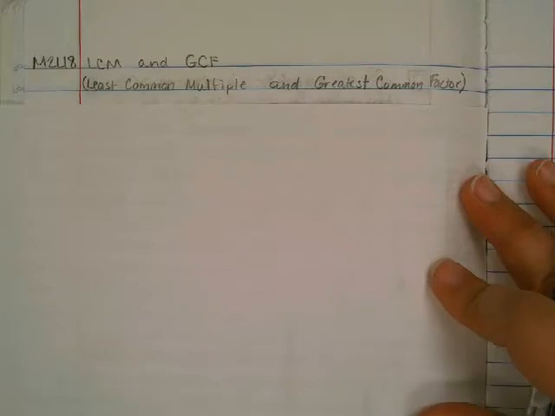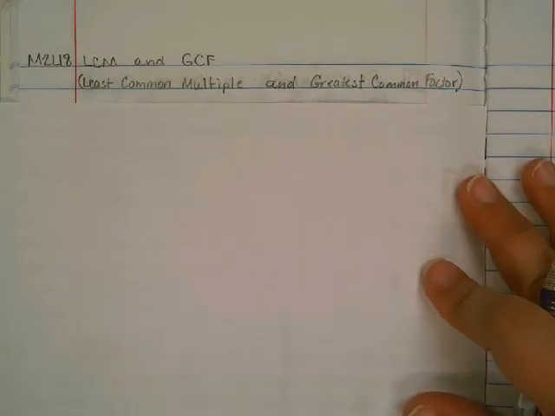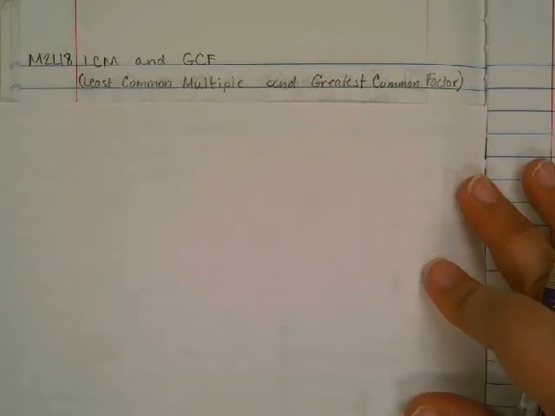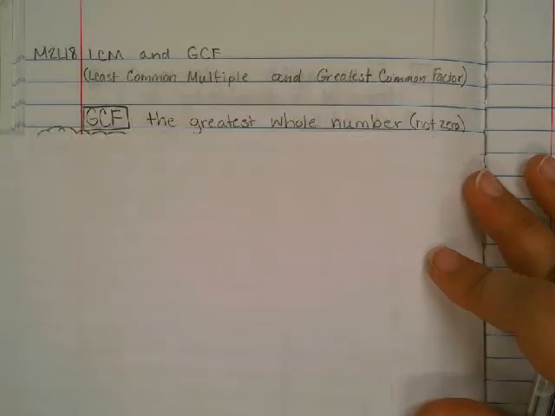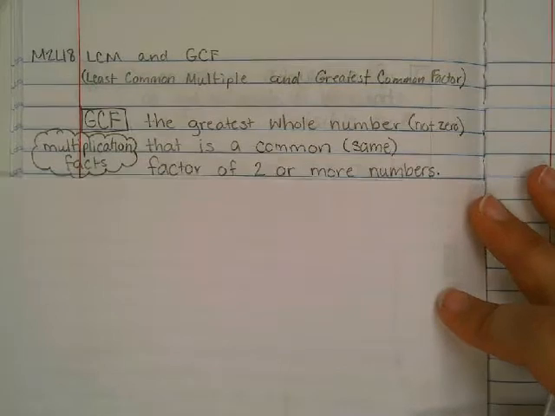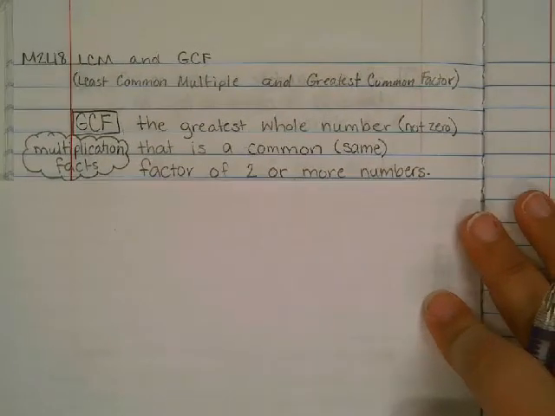So the first thing we're going to do is start off our lesson with some definitions. If you remember back in lesson 17, we talked about what factors were and what multiples were, and now we're going to put those into place here in this lesson. So our first definition is going to be GCF.